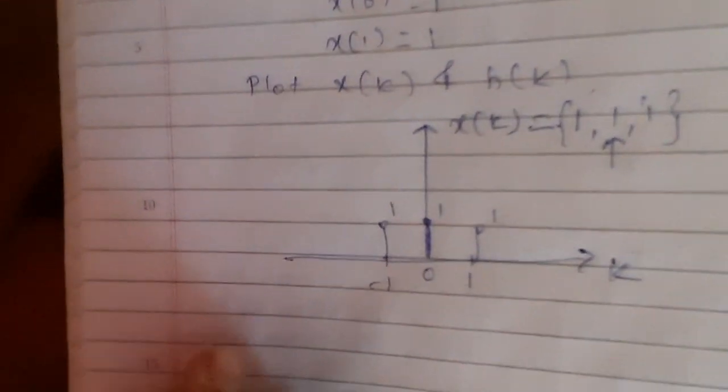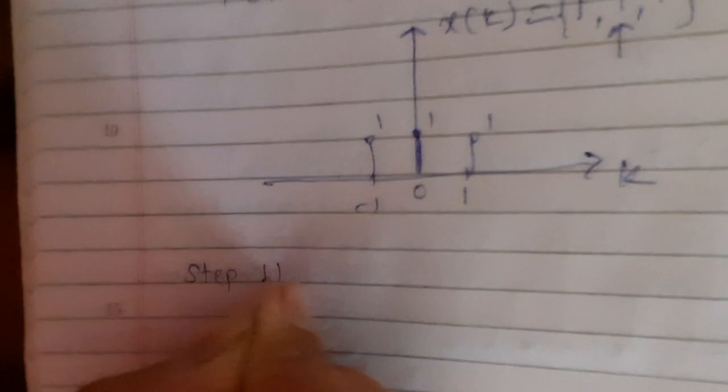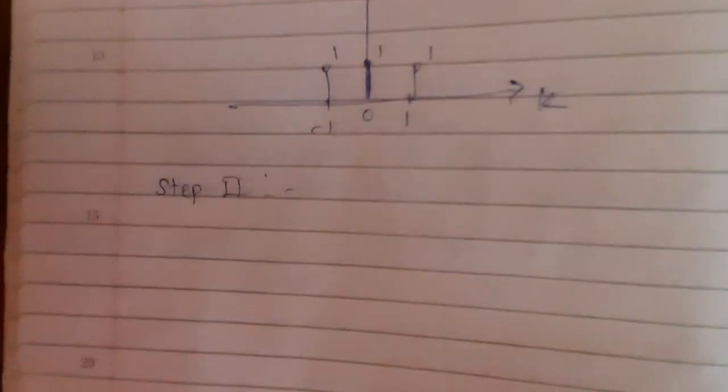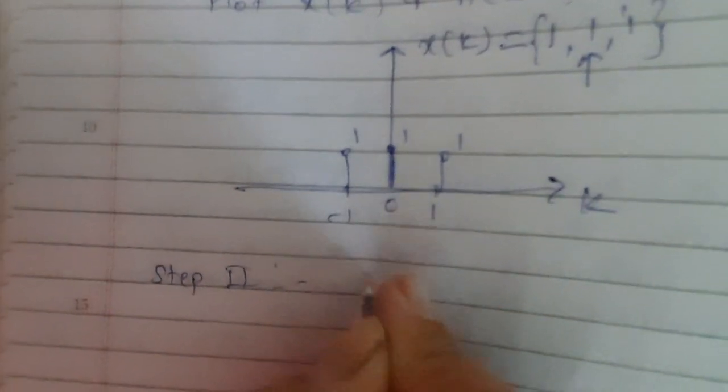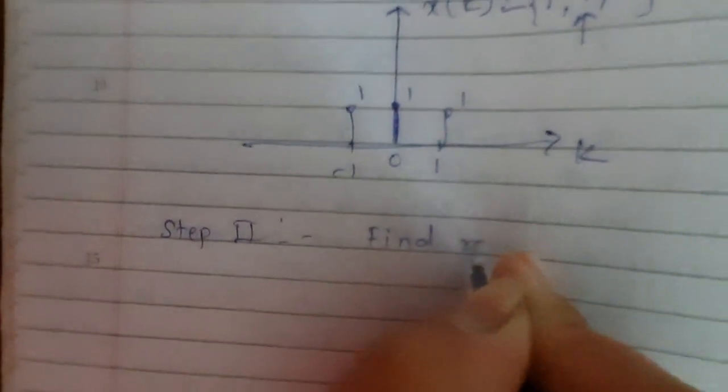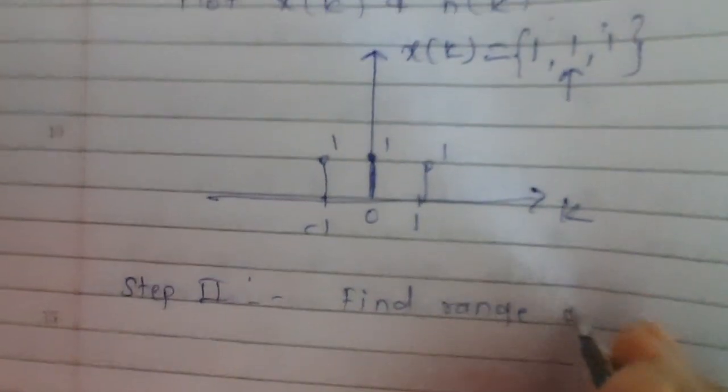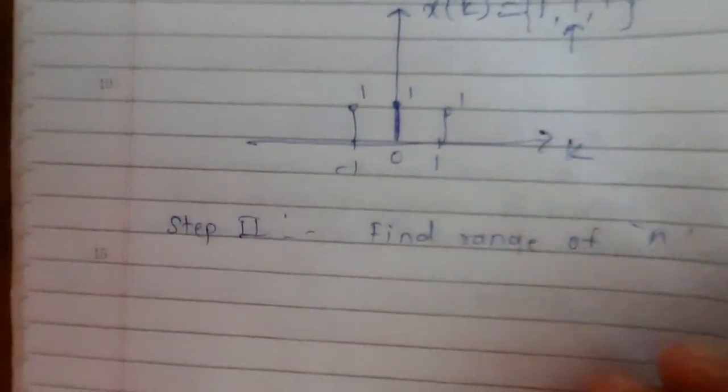Now step 2. Now what is step 2? Now the range of n is calculated. We have to find the range of n.